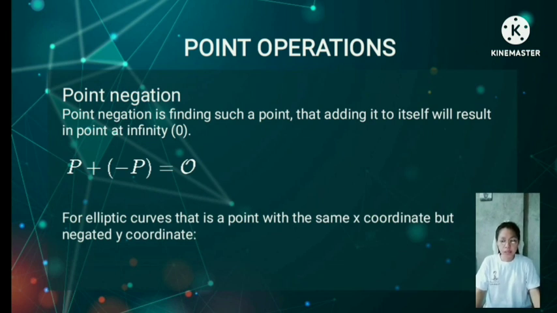Next is point operation, point negation. Point negation is finding a point such that adding it to P results in the point at infinity: P + (−P) = 0. For an elliptic curve, that is a point with the same x coordinate but opposite y coordinate.